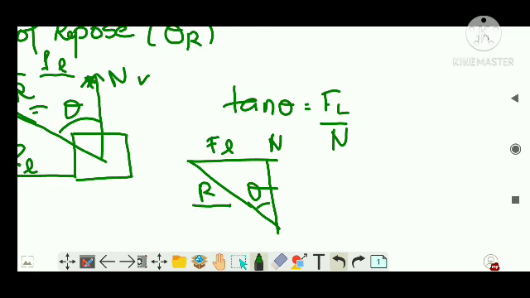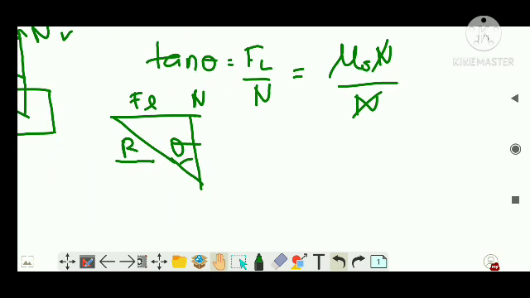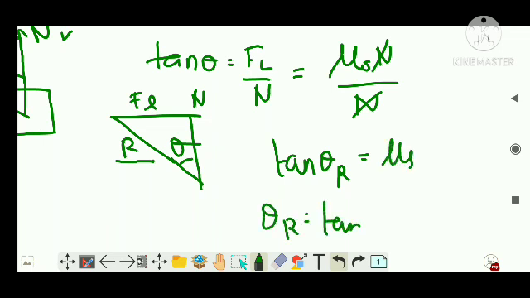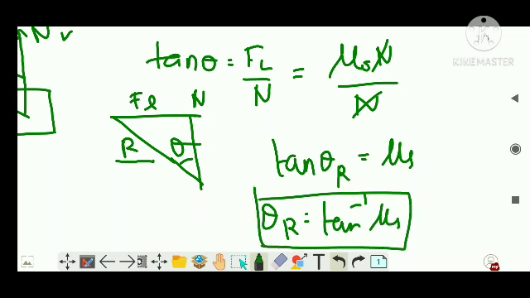Tell me, FL is what? Mu S into N, limiting friction, and N cancels, so tan theta is equal to mu S, or I can write theta R is equal to tan inverse mu S. Just remember this equation by heart. That is, angle of repose is equal to tan inverse of the coefficient of static friction.